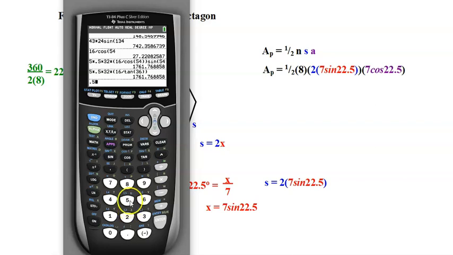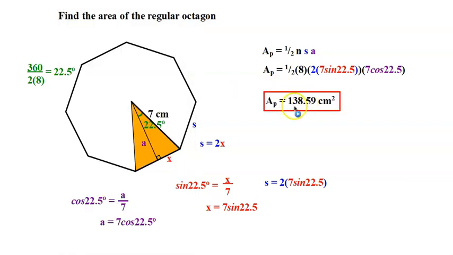And I just plug this in, so I have 0.5 times 8 times 2 times 7 sine 22.5, and then I want times 7 cosine 22.5 equals 138.592, so approximately 138.59 centimeters squared. All right, and there it is.